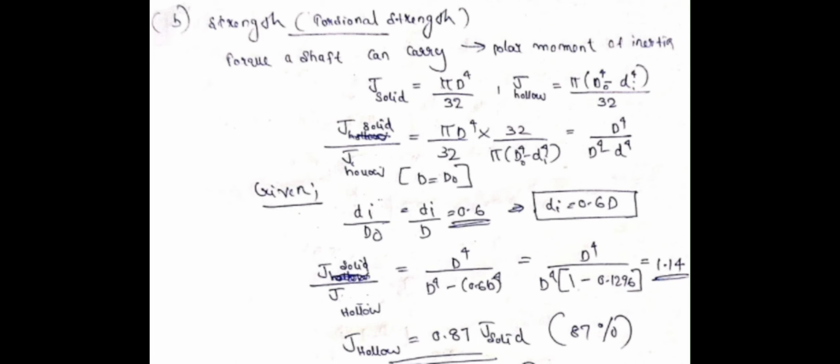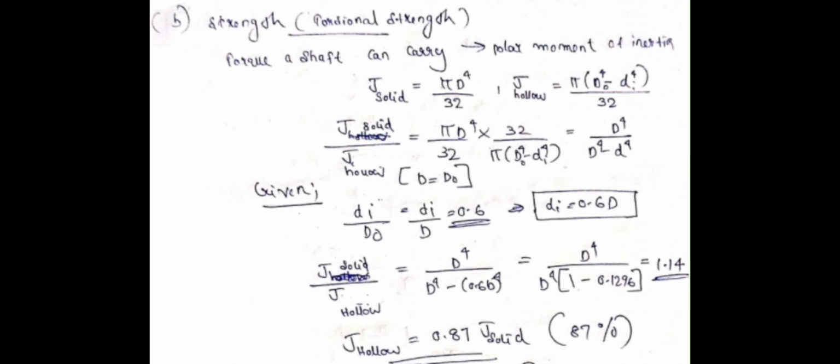The inner to outer ratio of the hollow is also given as 0.6. So taking the ratio between solid and hollow, you can substitute that relation, and finally we get that the hollow shaft is 87% of the solid shaft. That's the final relation we get, that the hollow is only 87% of the solid shaft.